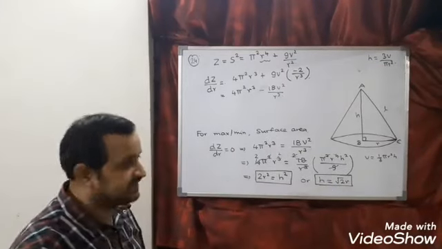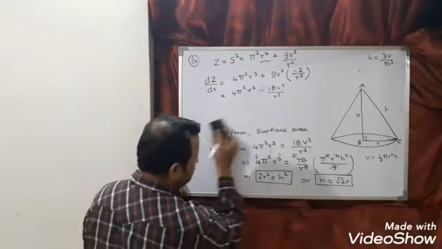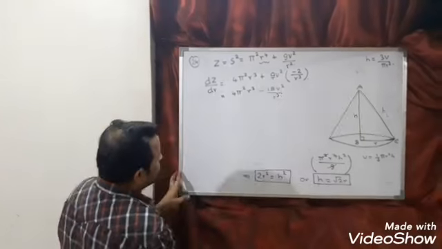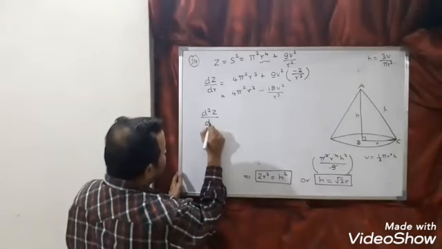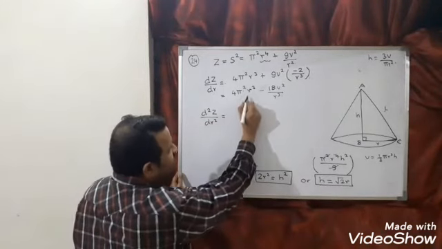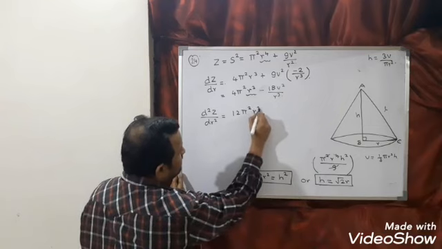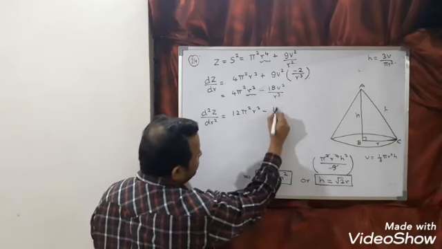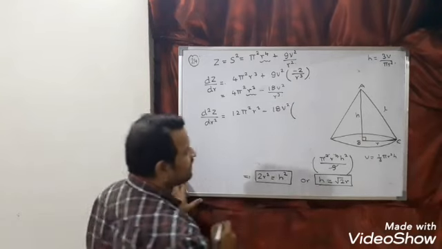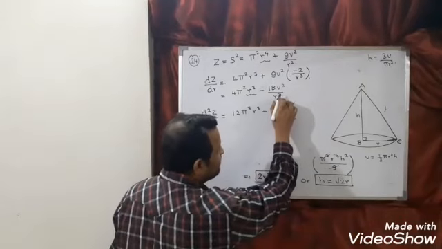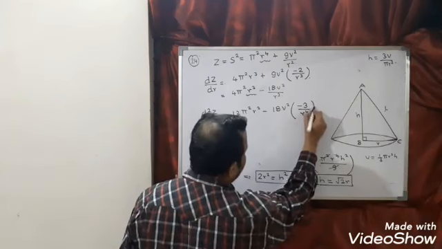Question is, least surface area. So we have to find the second order derivative. This is the first order derivative. So d square z by dr square is equal to, differentiate with respect to r: 12 pi square r square minus 18 v square into, what is the differentiation of 1 by r cube? Minus 3 divided by r to the power 4.